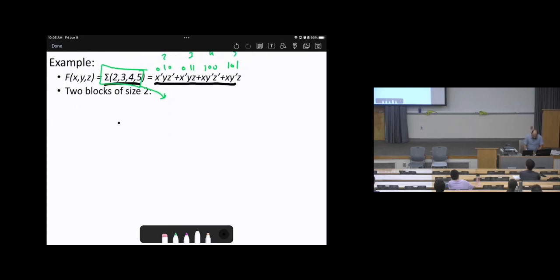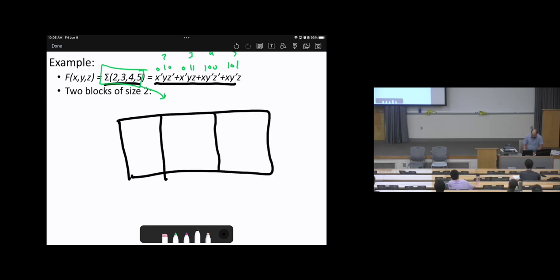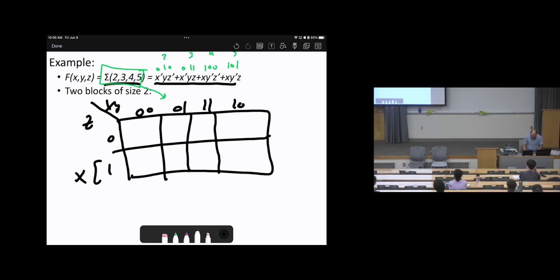Let's draw the Karnaugh map. It includes 8 boxes, 2 rows. Then here is Z, here is X, Y. So here is 0, 0, 0, 1, 1, 1, 1, 0. Here is 0, 1. This is the location of X. Here is the location of Z. Here is the location of X. Here is the location of Y. Then put the minterms in the corner.